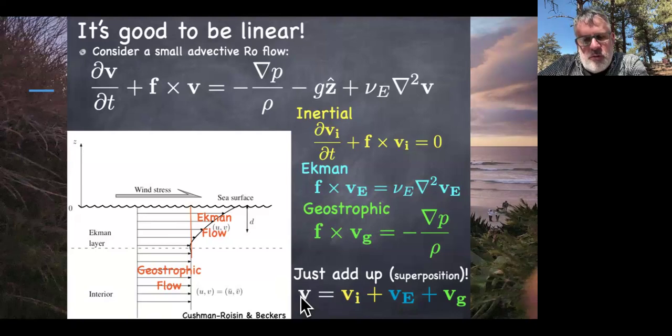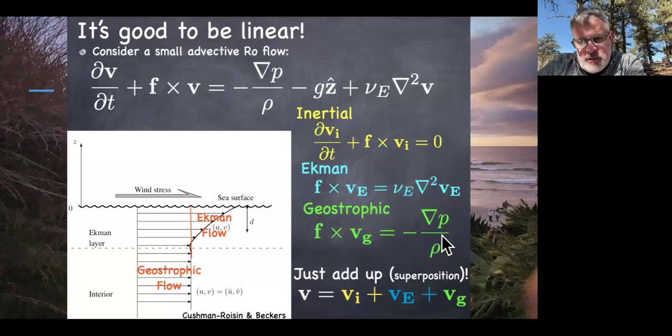Well, if I plug that total velocity into this term, what happens? If the Ekman flow is steady, right? Assuming that nothing is changing about the friction coefficients or the winds, if the winds are steady, there is no time derivative of the Ekman current.